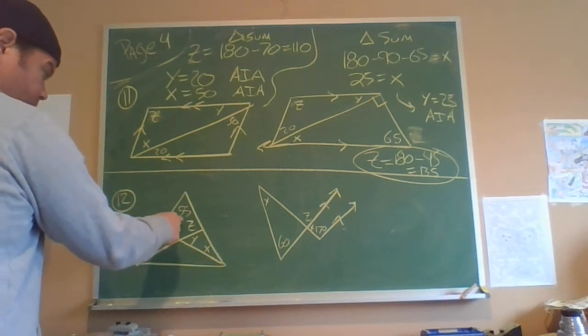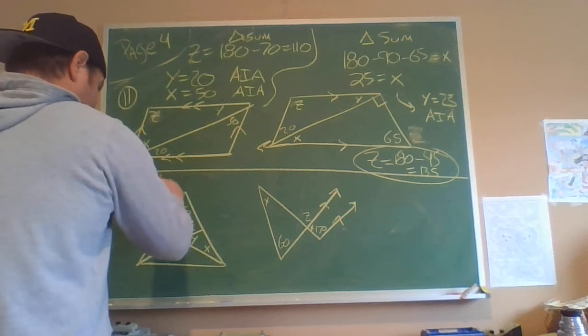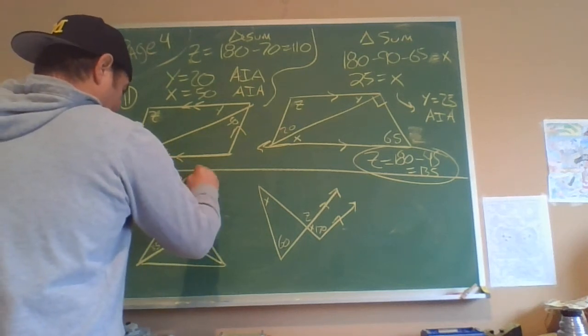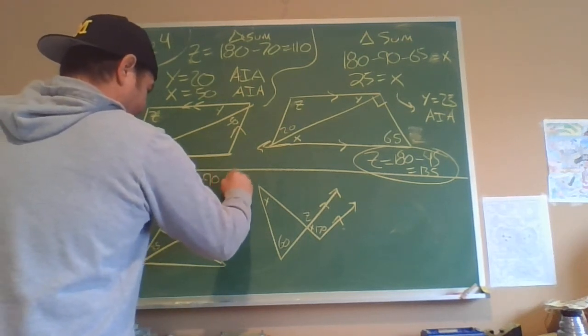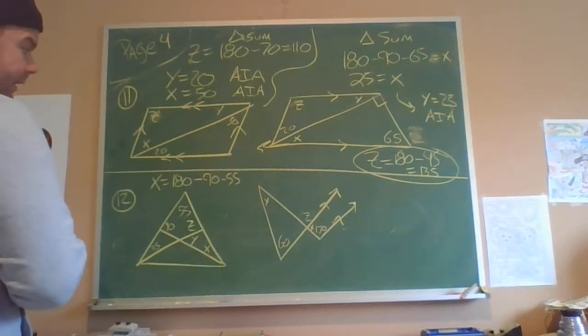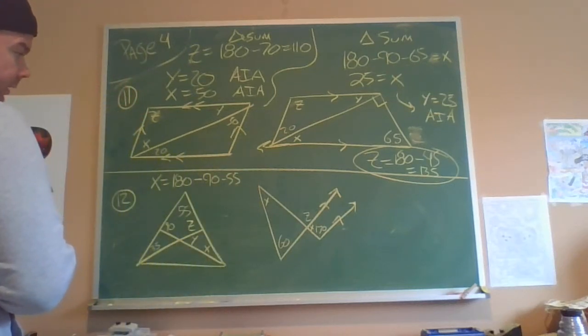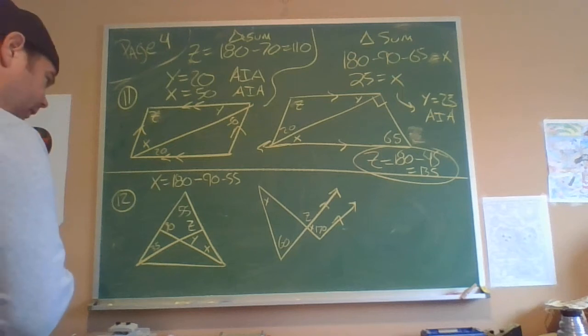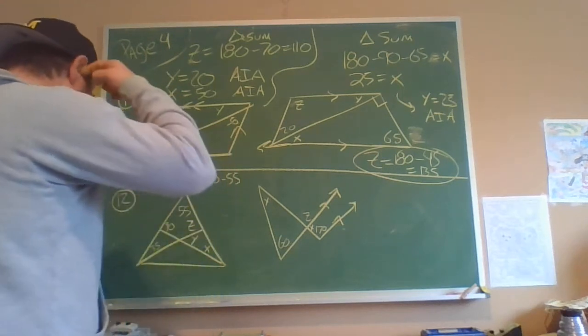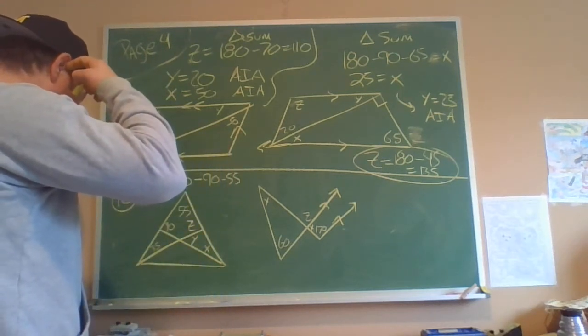One of the angles is 90, one of the angles is 55. So x must equal 180 minus 90 minus 55, which I think is 35. 35 plus 55 is 90, yes.